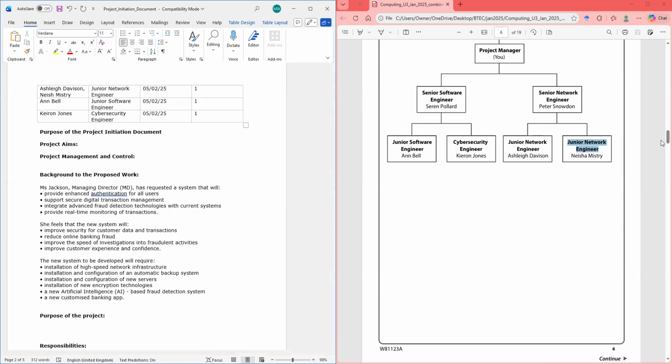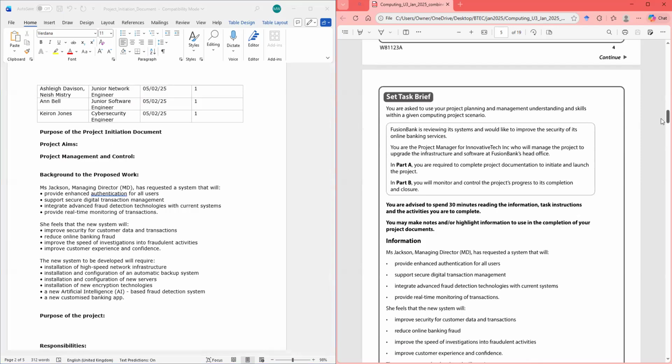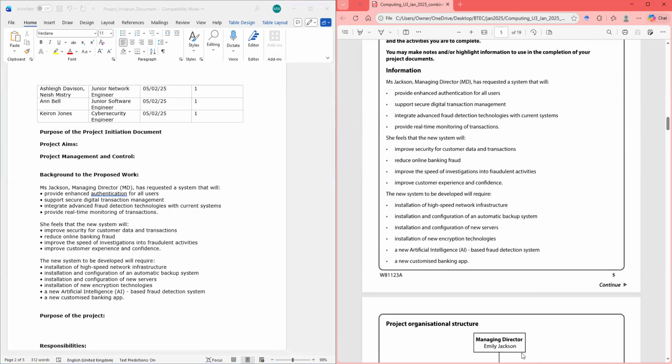So we're going to look back at the top of the project where we have all of this. So the aim of a project is to upgrade Fusion Bank's infrastructure software to deliver a more secure, reliable, and intelligent online banking system, right?